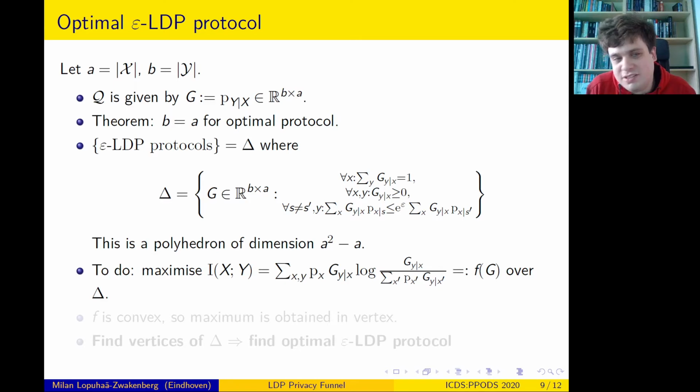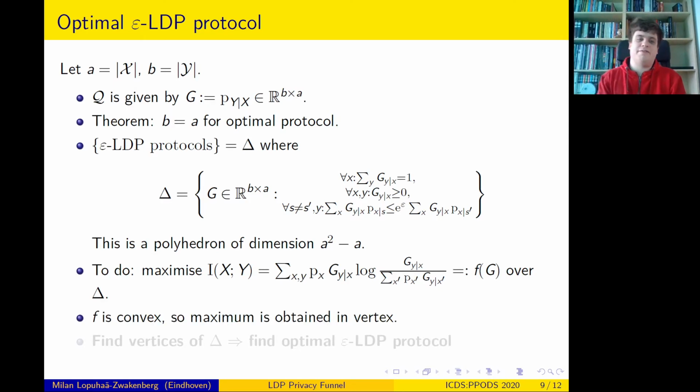The precise formulation doesn't matter too much. What matters is that this function f is convex in G. And since delta is a polyhedron, the maximum of f over delta is obtained in a vertex of delta. And we want to find the maximum to find the optimal LDP protocol.